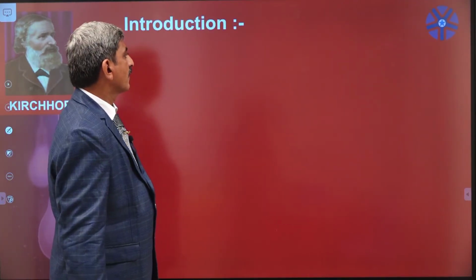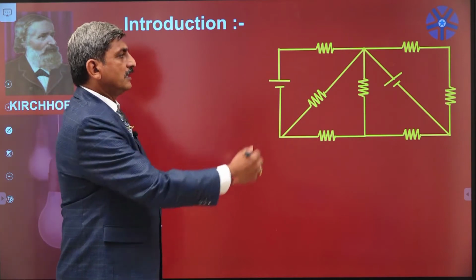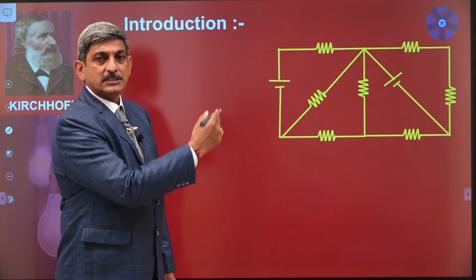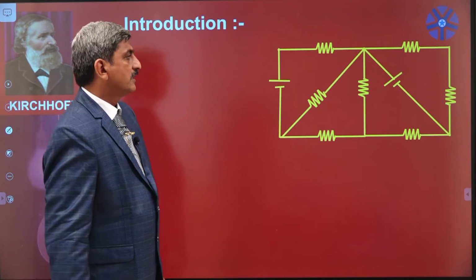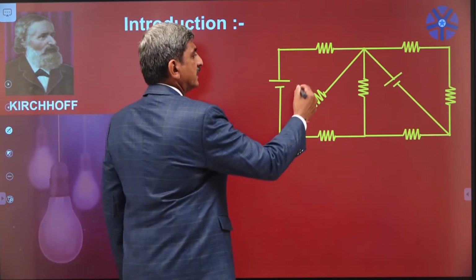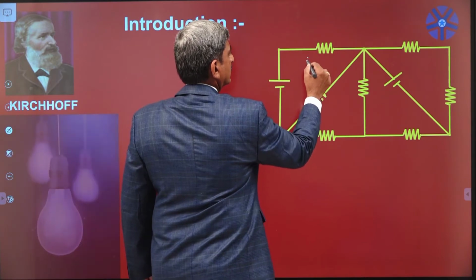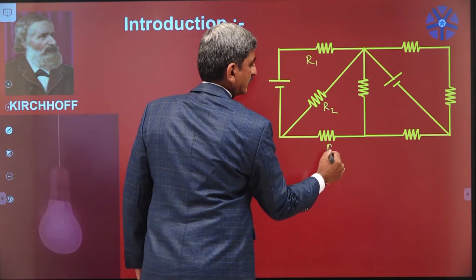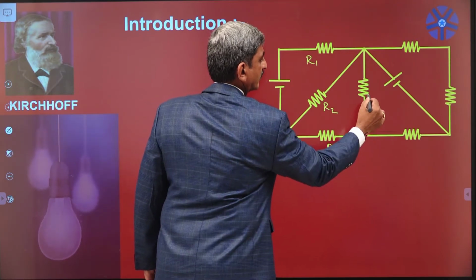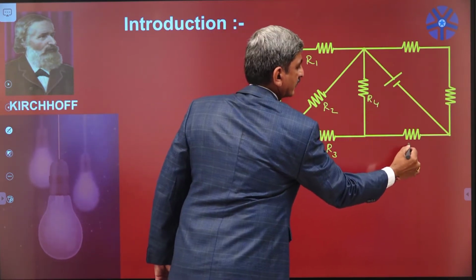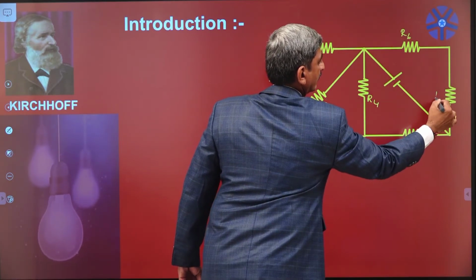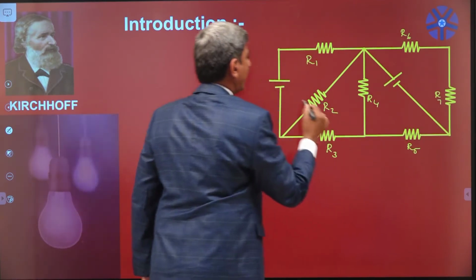Now come to the introduction. Let us see the network present on the screen. It contains resistors and batteries.